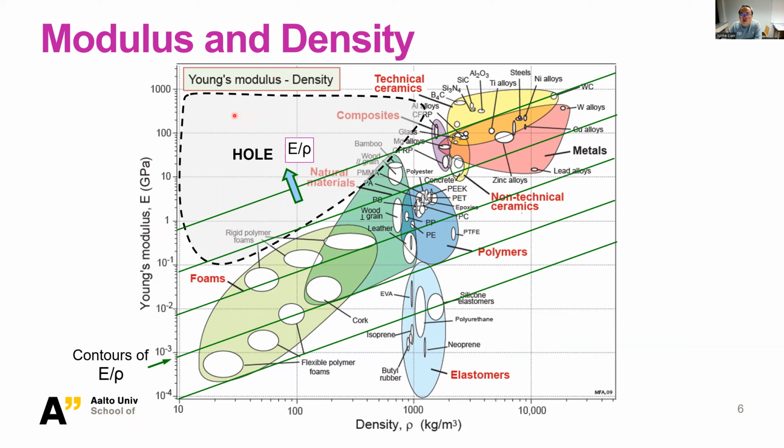Can we get better materials which fulfill this hole? This direction we used as our material index to select engineering materials is now the vector for material development. We want to get new materials in this direction, filling this whole area.